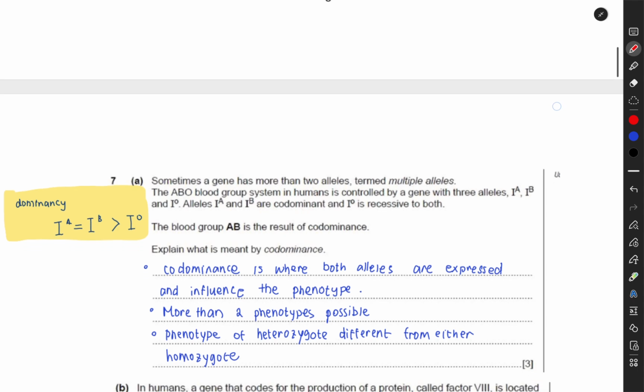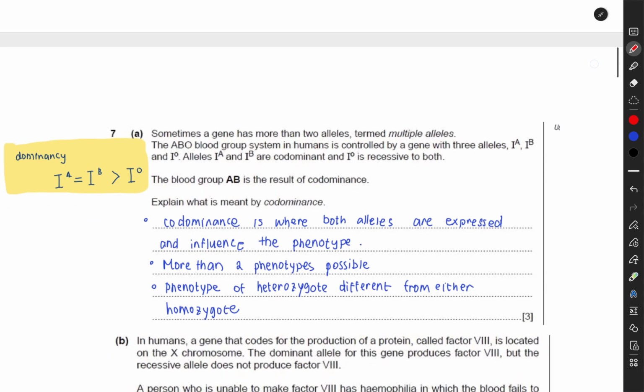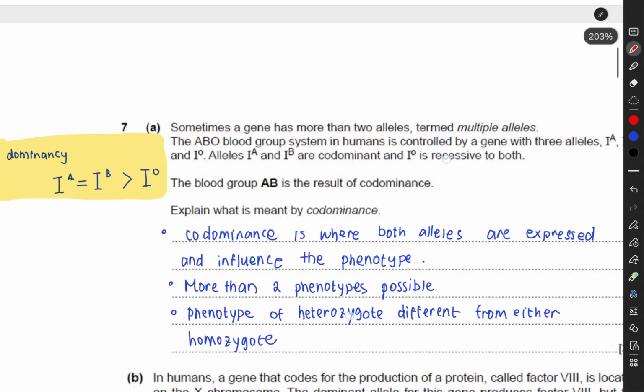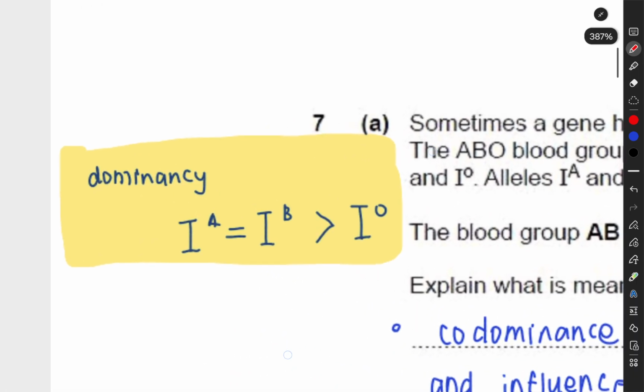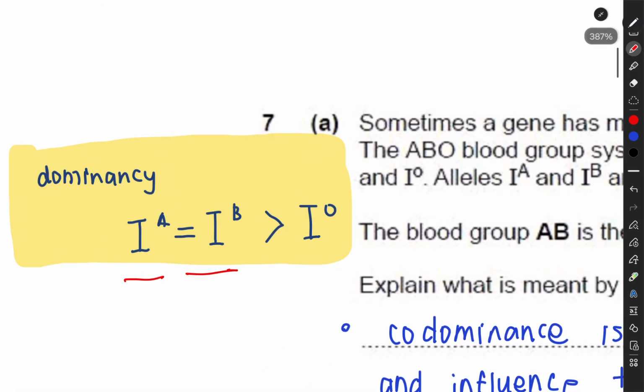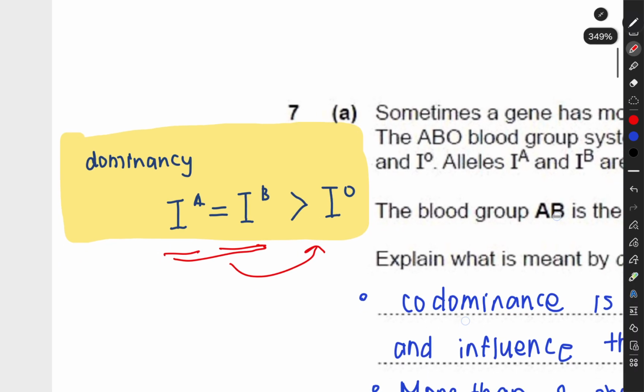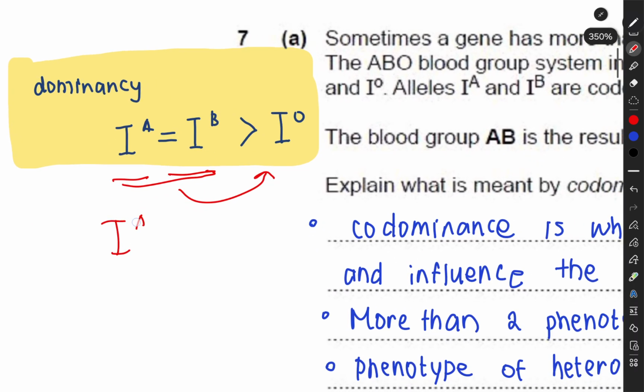Okay, next. This is a blood group. There is A, B, O, and basically the dominance of A and B is at the same level, but they are more dominant than O. So that's why when you have IA IB, you will have blood group AB.